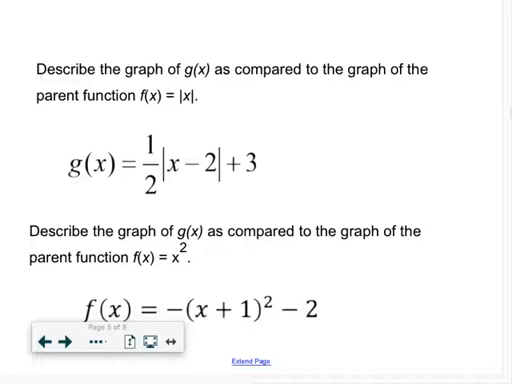Can you give me a transformation for the first one? In the absolute value, it says x minus 2, and build off of that, so plus 3.